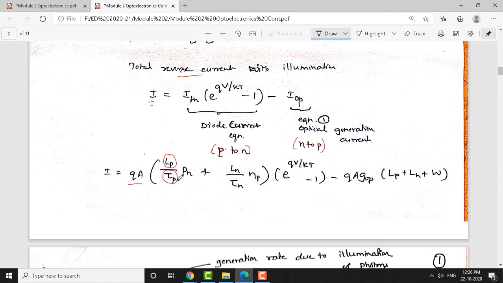Okay. What do we mean by lifetime? Lifetime of holes, tau P. There is a birth and death even for the charge carriers, right? What do you mean by lifetime? See, like human beings, we have birth and death.